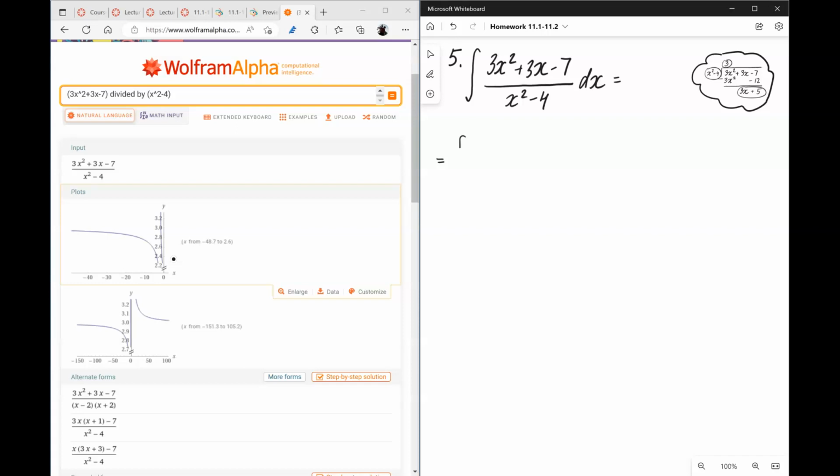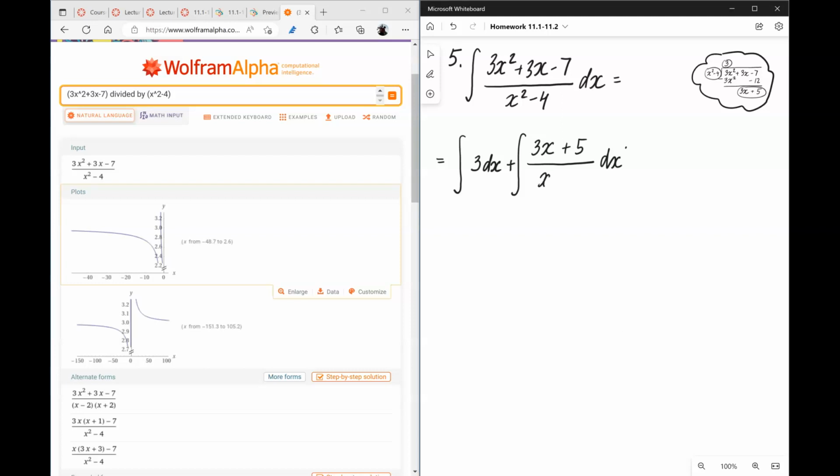But what we achieved by doing this long division is that now we have a simpler problem. So the 3 can be separated from the rest of the problem using the linearity property of integrals.